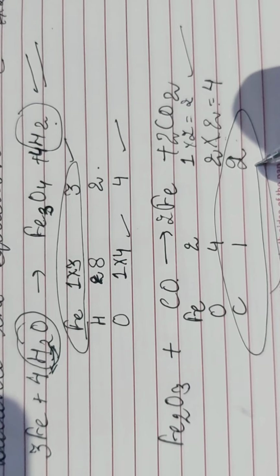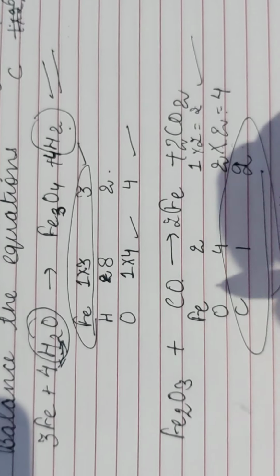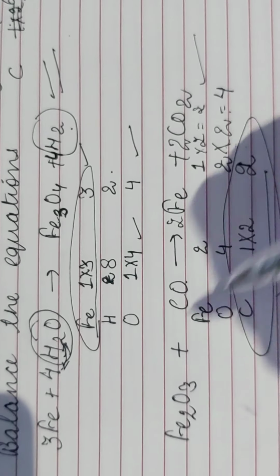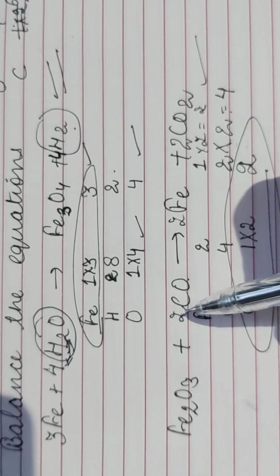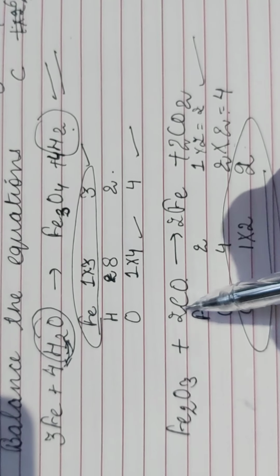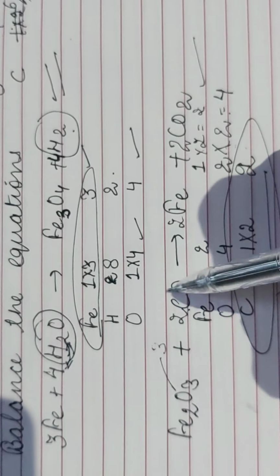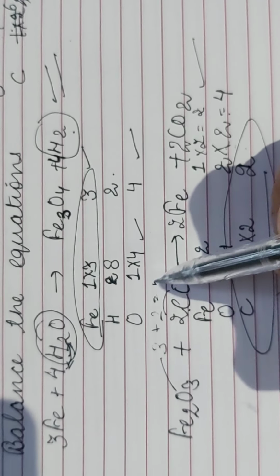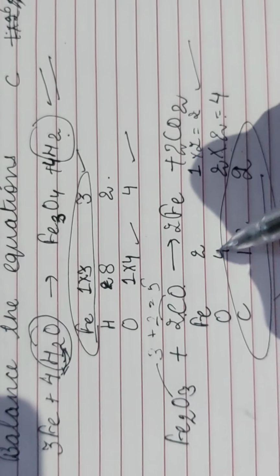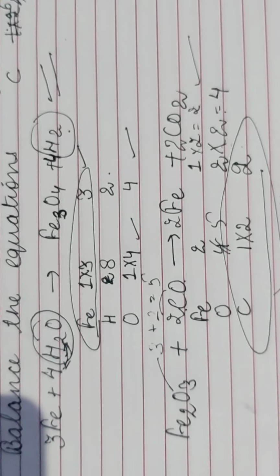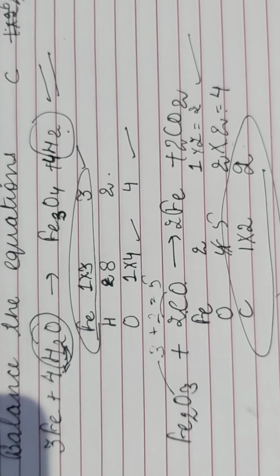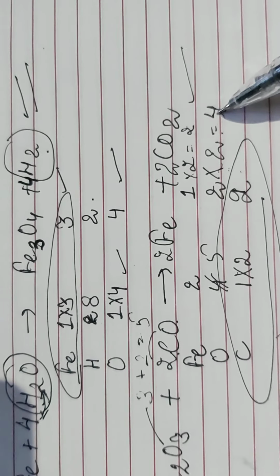This side 4. But now carbon is not same. Now you will multiply this carbon with 2. If we are multiplying this carbon with 2, then oxygen now 3 plus 2. Oxygen will become 5. And this side oxygen is 4.